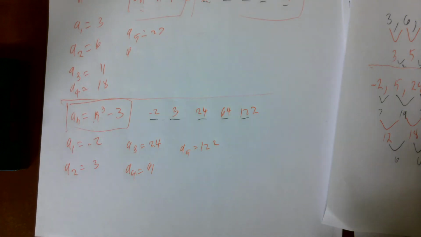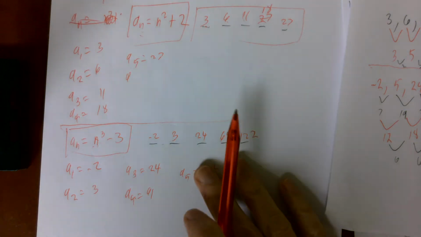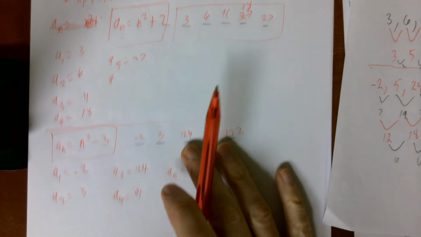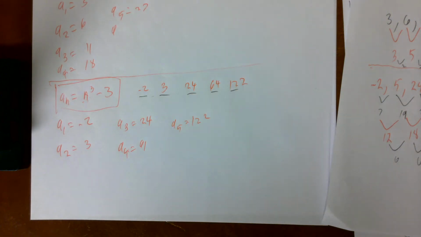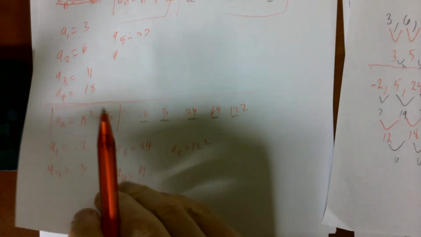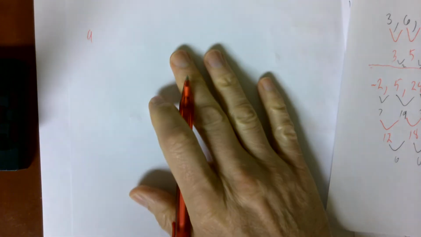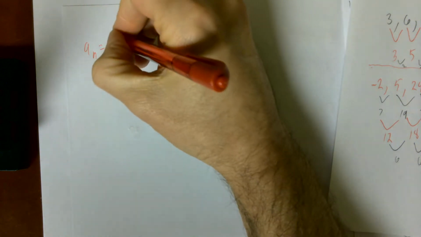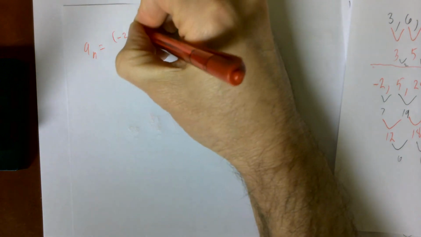Now, as far as explicit formulas go, they're very useful as far as answering questions. Even if I give you an incredibly ugly explicit formula, like this typical ugly formula.